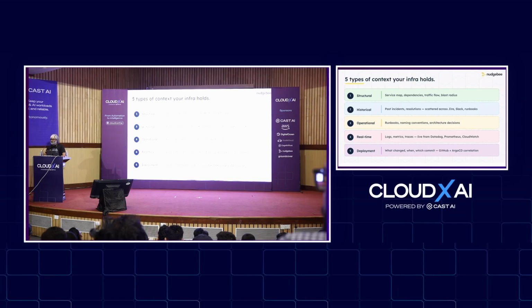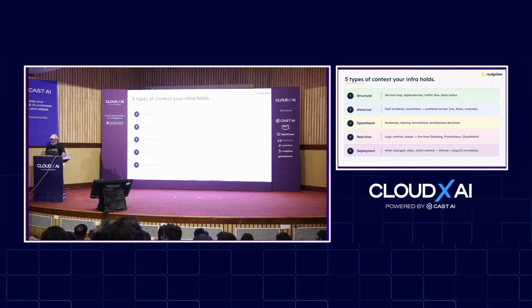Was this issue happening before that, or is it a new issue? That narrows down what exactly you are looking for and where. Now, can you provide that context to your LLM? When it is doing an investigation, can you tell it: first look into whether this service was recently deployed, and what recent code changes might cause this particular problem, right?